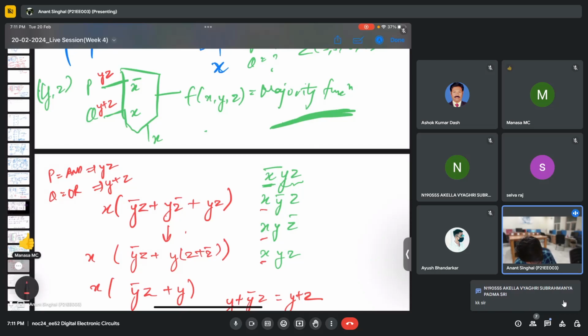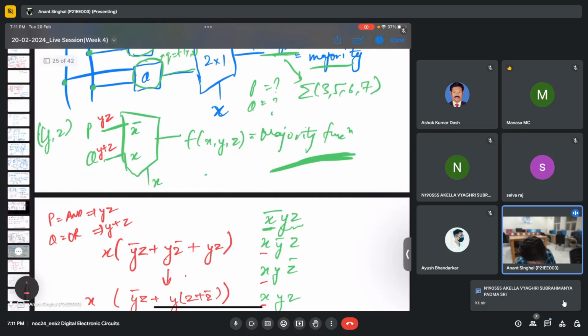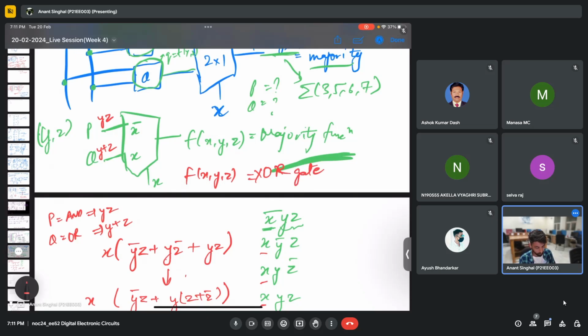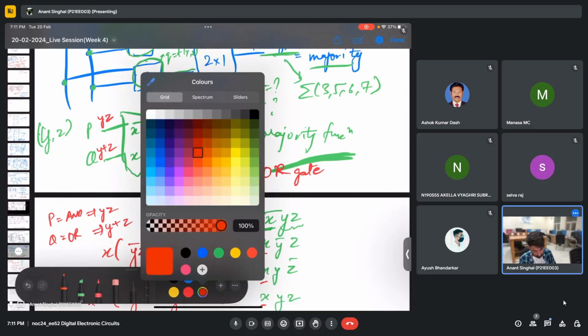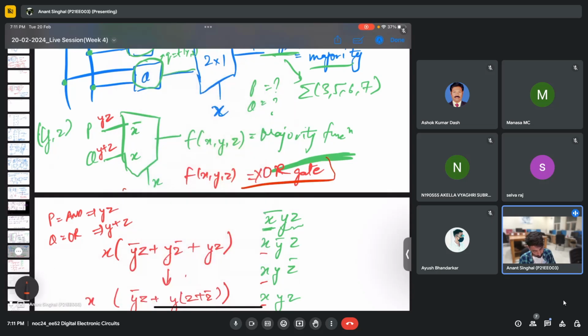Okay, so if you have understood, maybe let's not go that much. So do it again if it is an XOR gate now. You can take 2 minutes now. Try to do it quickly. Now I have an XOR gate.